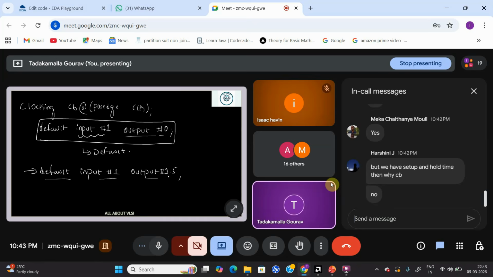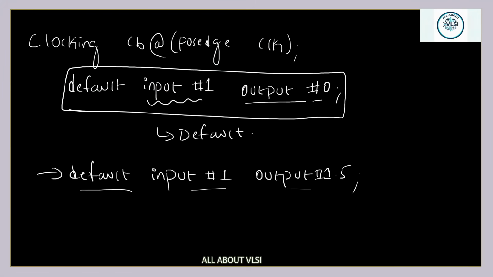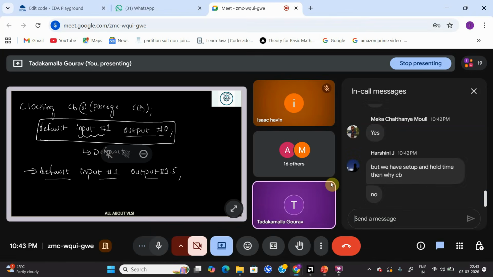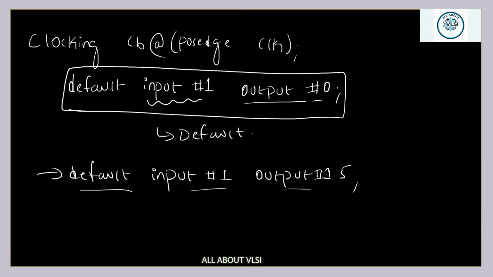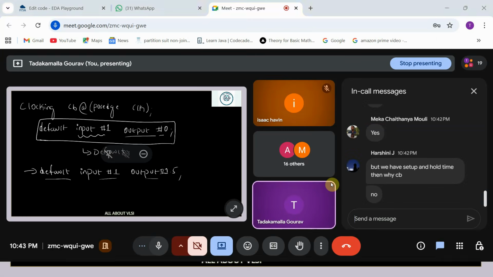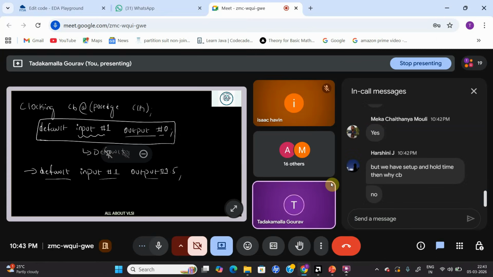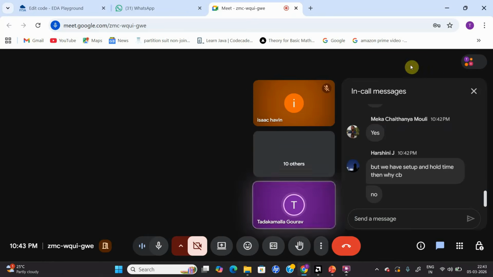If you want to consider the setup and hold times also, this is basically for inserting the delays. If you have setup and hold time conditions, then for avoiding the violations you can insert these skews. This will help you achieve your goals.